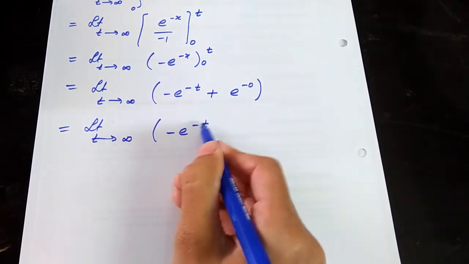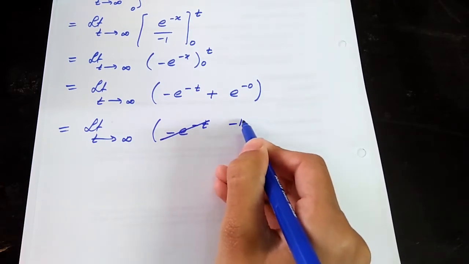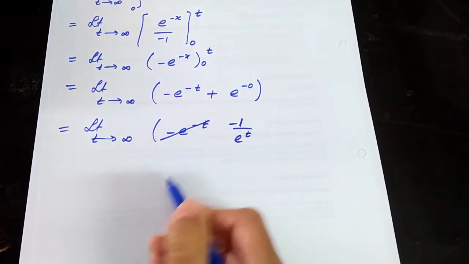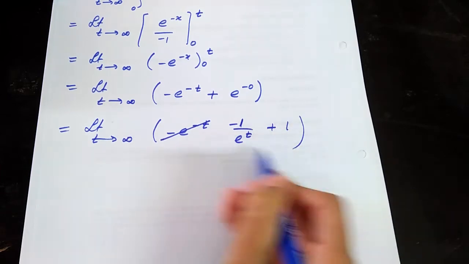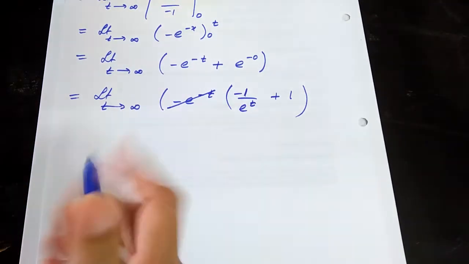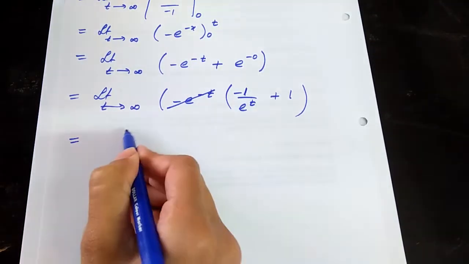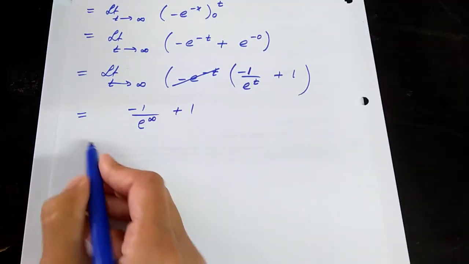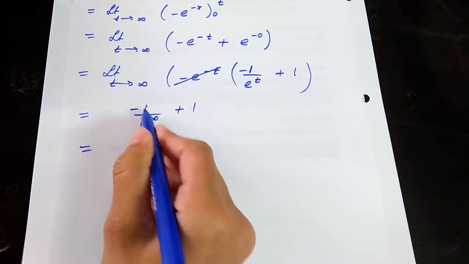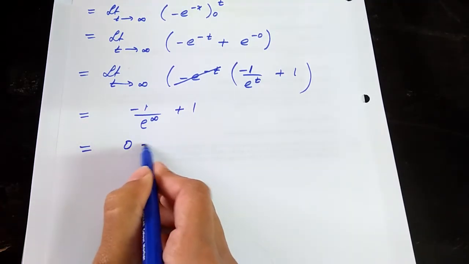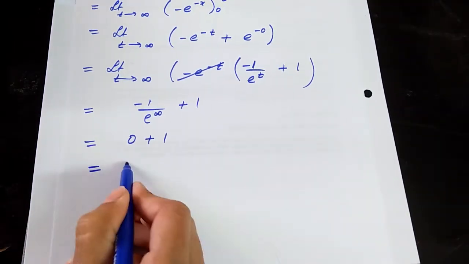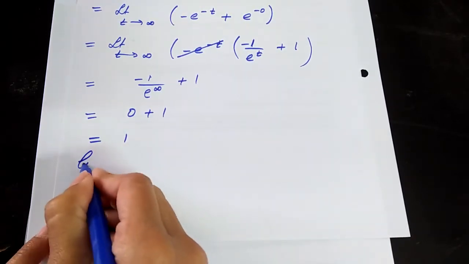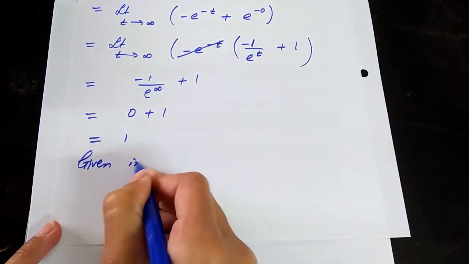You can also write it like minus 1 over e raised to power t, and this term is 1. Now apply this limit here, you will get minus 1 over e raised to power infinity plus 1. So this will give you minus 1 over infinity, that will give you 0 plus 1. So here you will get 1. So you will say the given integral converges.